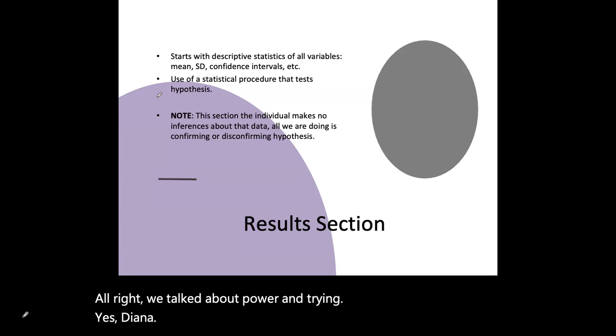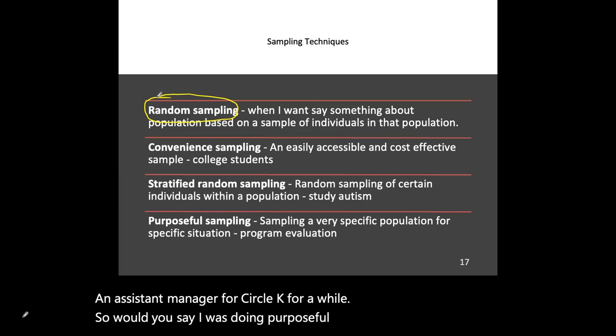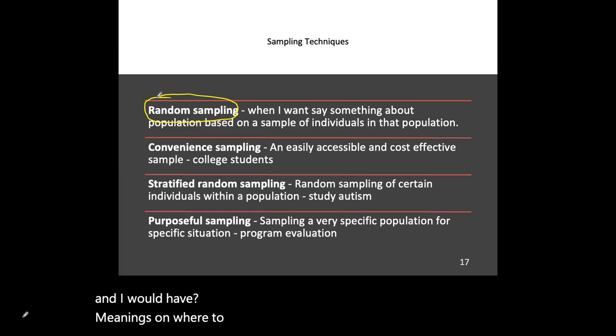So I was an assistant manager for Circle K for a while. Would you say I was doing purposeful sampling? Because my manager and I would have meetings on where to put stuff in the store, what would sell faster than the rest.